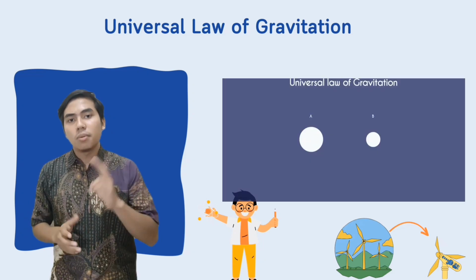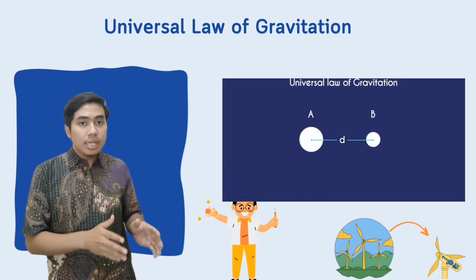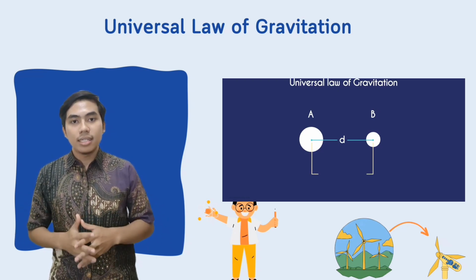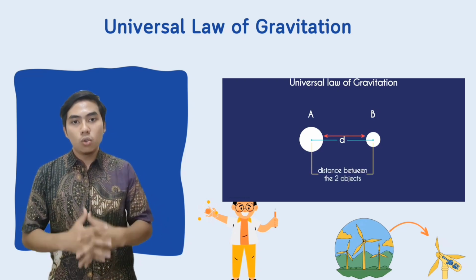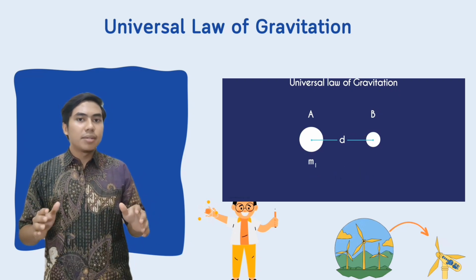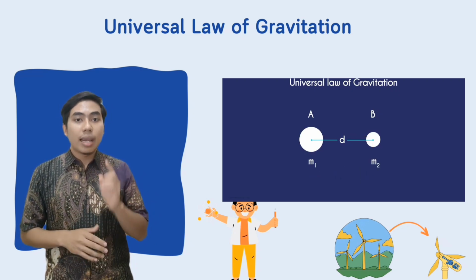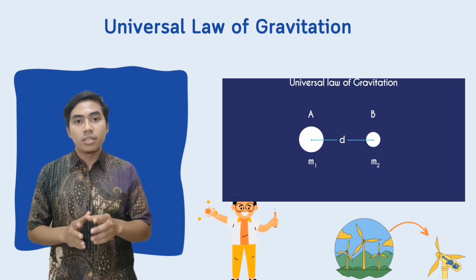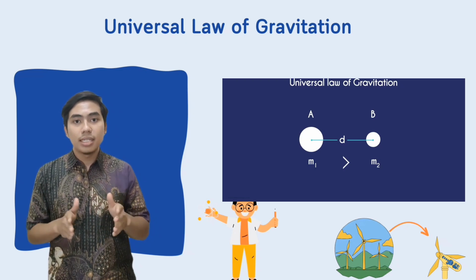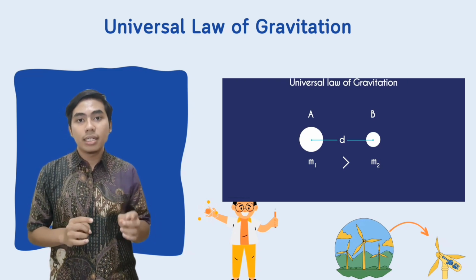Say there are two objects, A and B, separated by a distance D. The distance between the centers is considered the distance between the two objects and not this distance. Assume that the mass of object A is m1 and that of object B is m2. As object A is bigger, let's assume m1 to be bigger than m2.